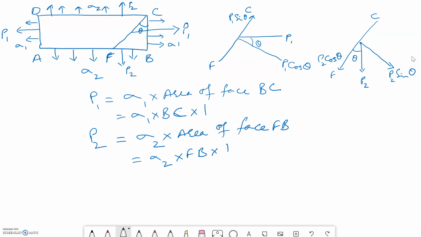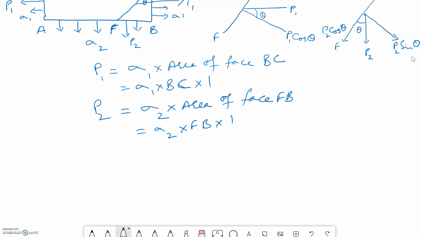Right? Now, the tensile forces P1 and P2 are also acting on the oblique plane. We have just resolved them into its components. And now let us look at the forces normal to plane FC.